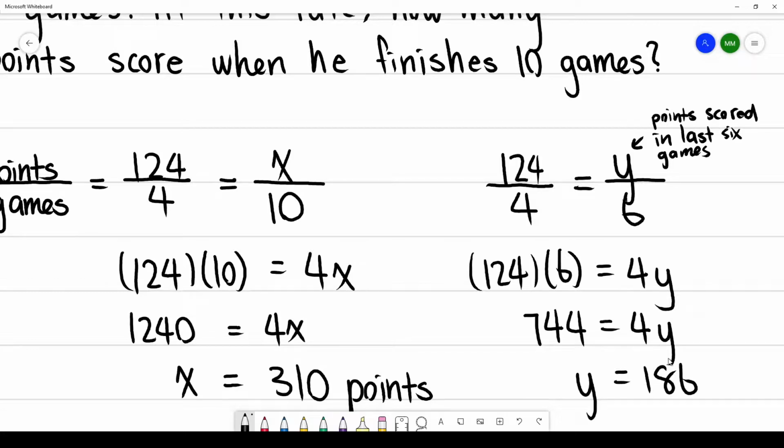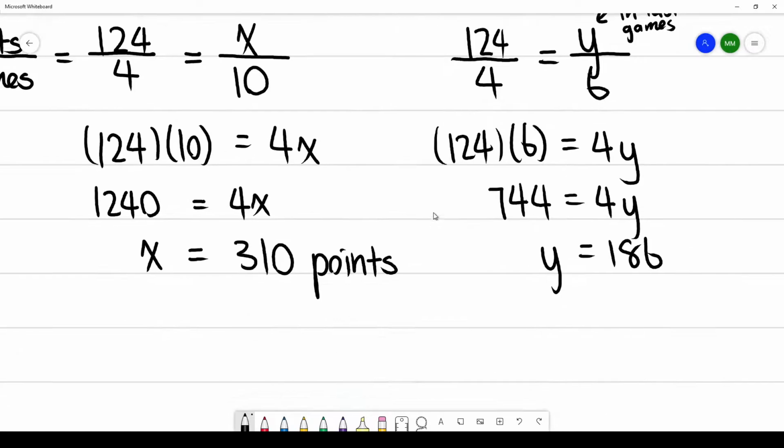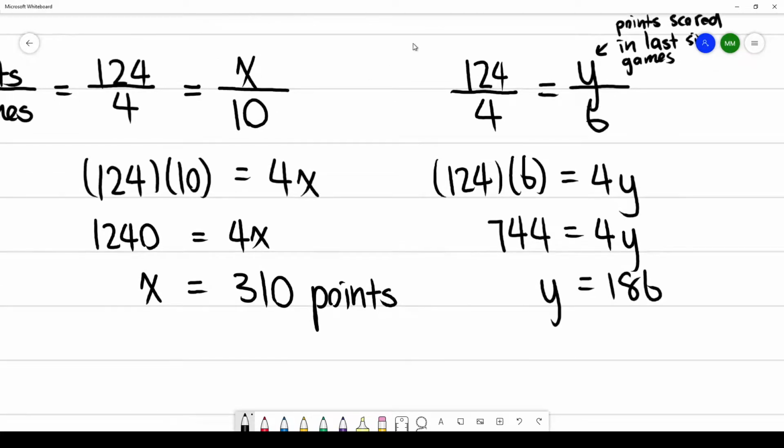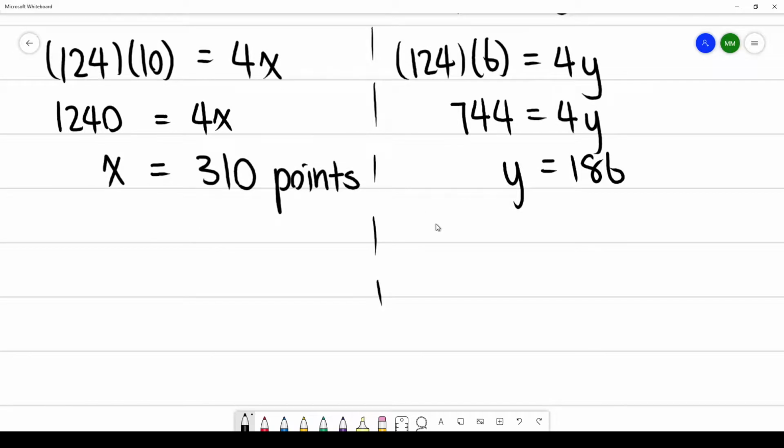I think, right? Wait, no. Yeah, 186. And then at the end, that's only 6 games. So we will have to add 124 plus 186, and we will get 310 points.